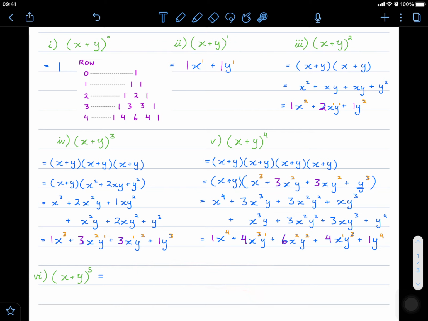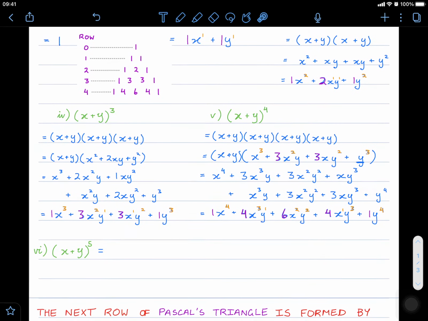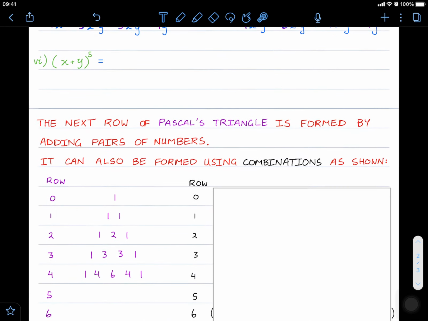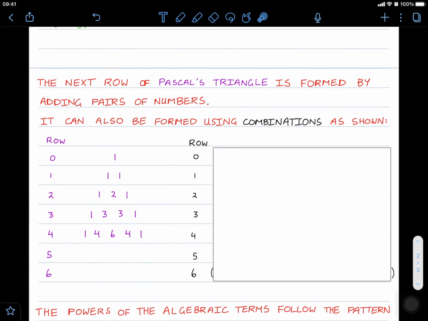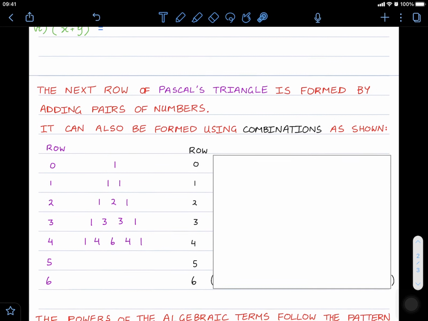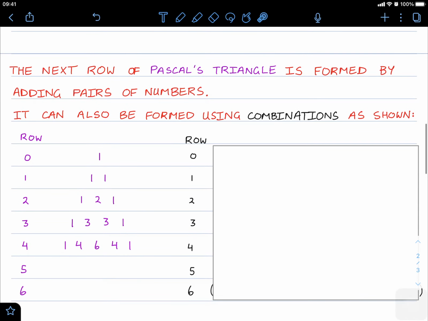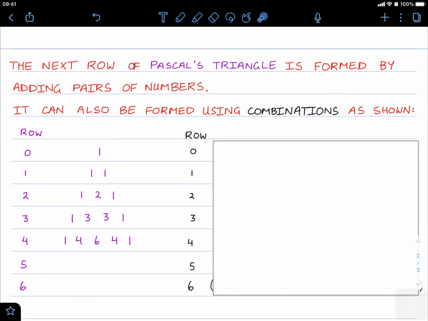Oh, so you haven't found the pattern and you haven't figured out how to expand this. So let's look at how we actually find the pattern and why this is in combinations. So the next row of Pascal's triangle is actually formed by adding the above pair of numbers.